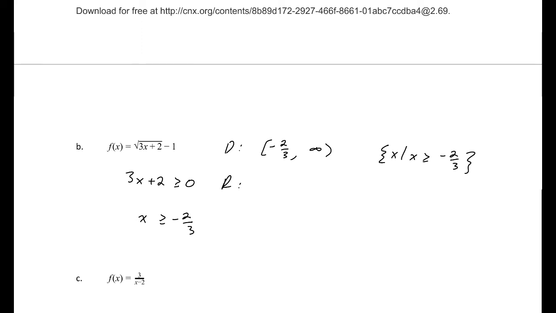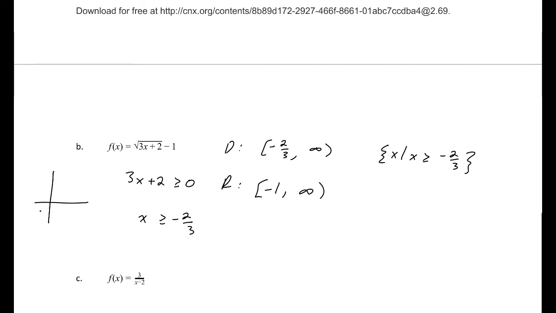Now our range will be a little bit trickier because you can plug in anything greater than or equal to negative 2/3, but what outputs do you get? Well, if you evaluate that at negative 2/3, you actually get negative 1. So our outputs are greater than or equal to negative 1. In this case, our graph looks like this.